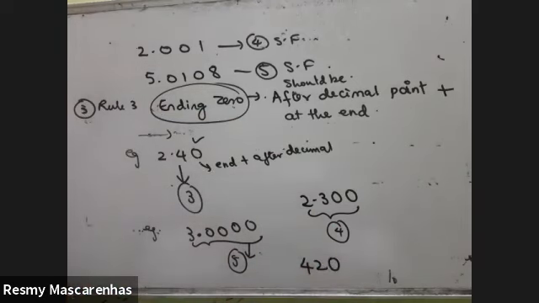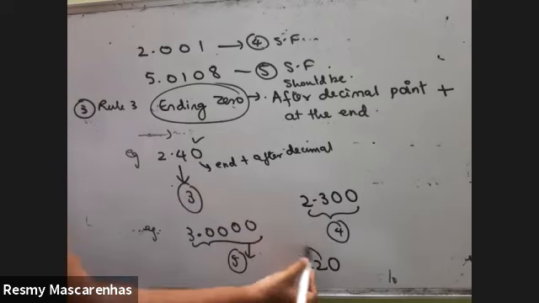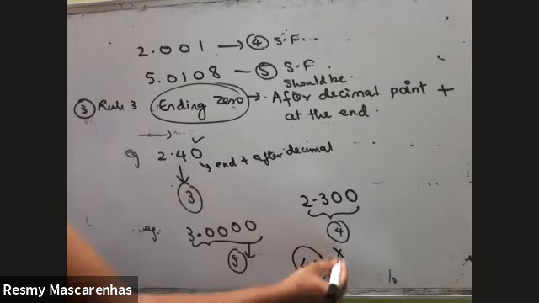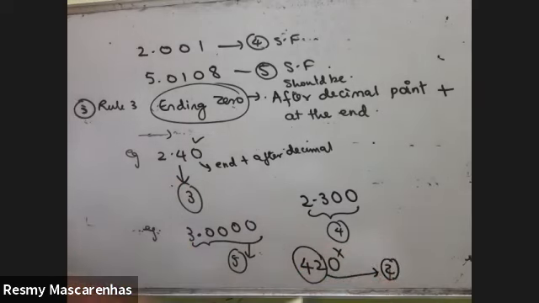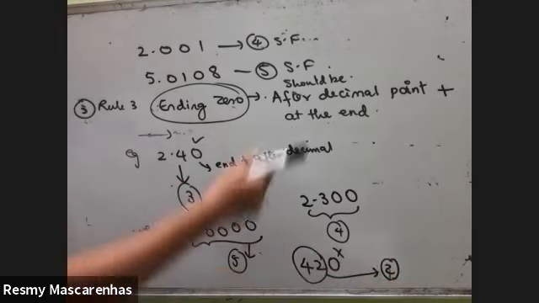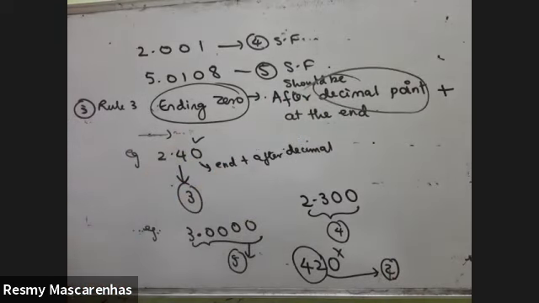What about this? How many significant numbers? Can anyone tell me? Yes, very good. Here we have to take only 2. We cannot take this 0 because it is there at the end, but the decimal point condition is not satisfied. It's not after a decimal point.